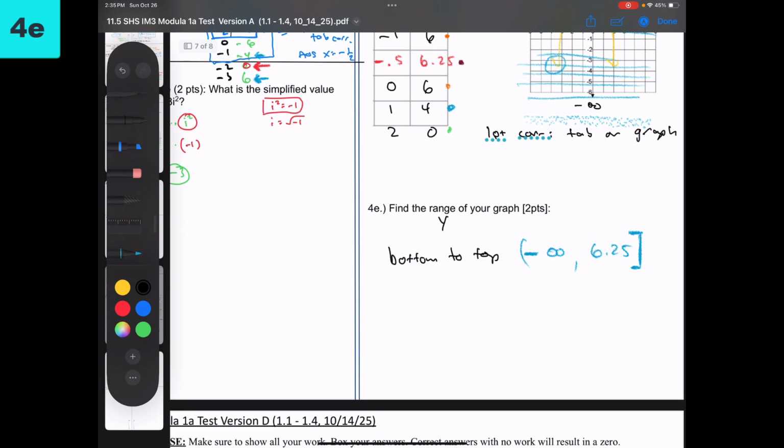Okay, some partial credit. 1.5 points if you were super close. What that basically means is it could be a symbol. Like you have negative infinity with brackets and then 6.25. Also, if you switched the left and the right.